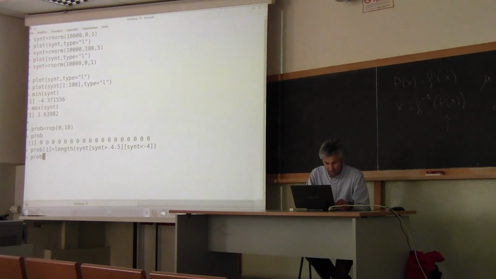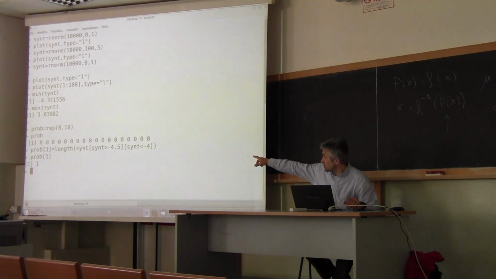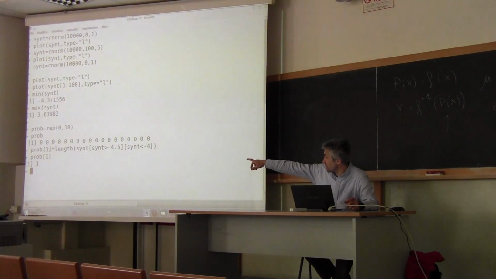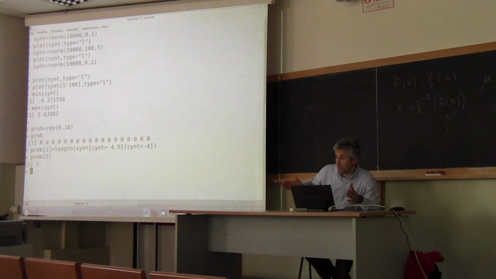What is prob1? Could be. It means that there is just one observation in the range. So please be careful of the syntax that I used. You see that I put the name of the vector, Sint, followed by two conditions between square parentheses, and the conditions operate a selection of the elements of the vector.